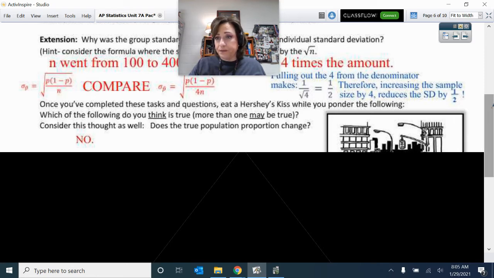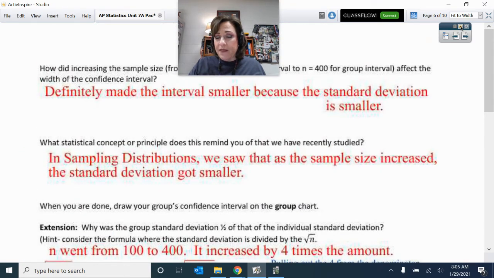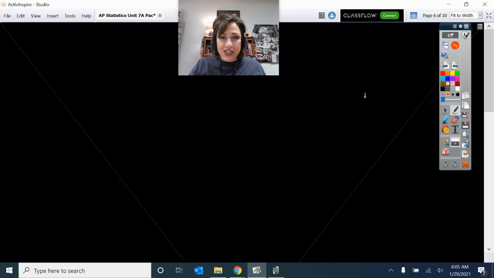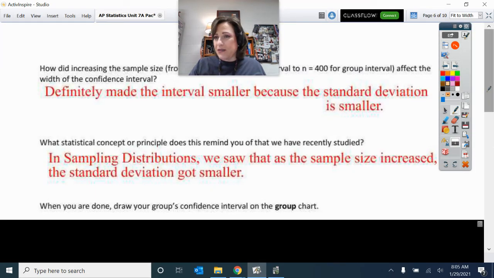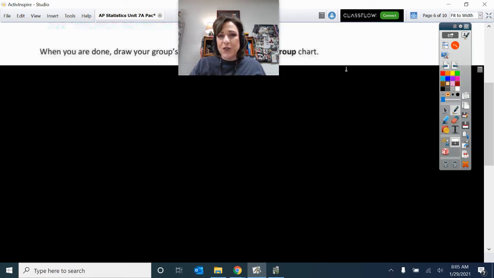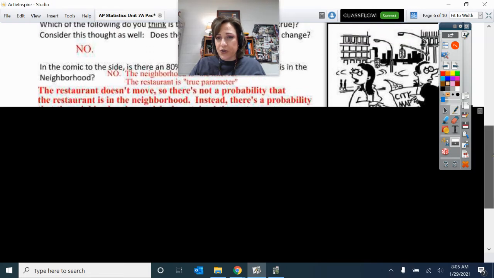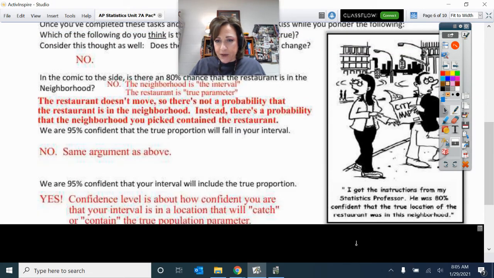That's the big deal. Okay, so I want you to read that comic strip down there. It actually plays right into all of these questions, and we'll see the tie-in in a minute. The comic strip has these guys looking for this map, and this person says, I got the instructions from my statistics professor.